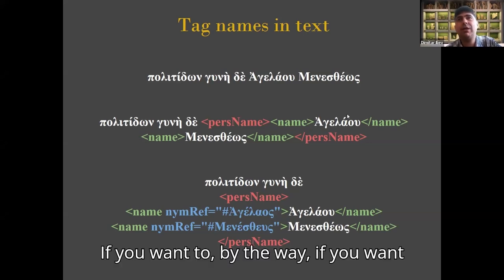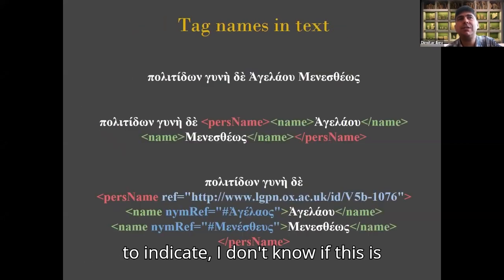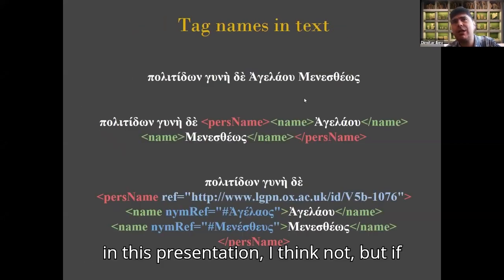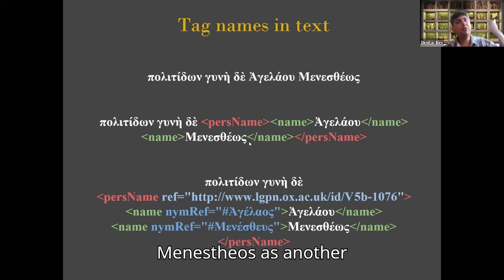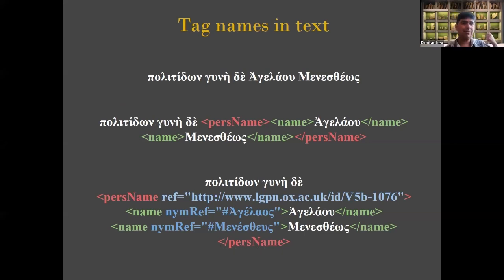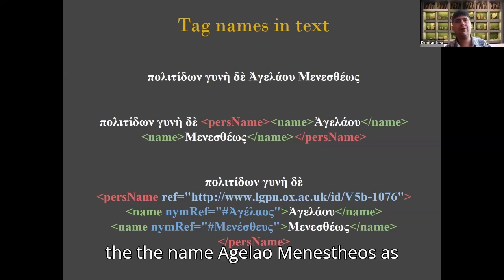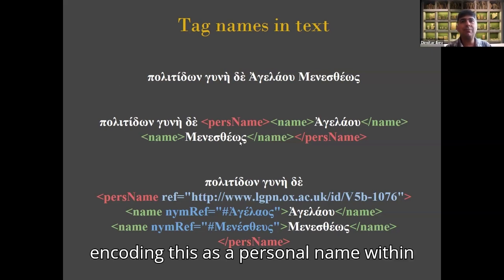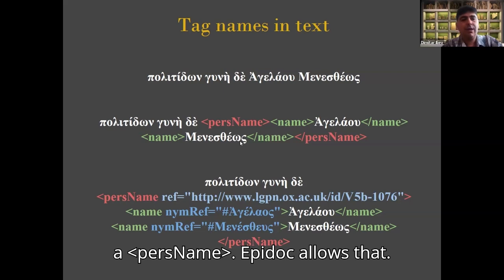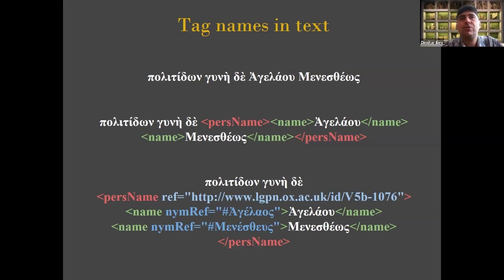If you want to, by the way, I don't know if this is in this presentation, I think not, but if you want to also mark up Menestheus as another personal name in its own right, beside being a part of the name Agelaos Menestheus as a patronym, you can do this by encoding this as a person name within a person name. EpiDoc allows that.